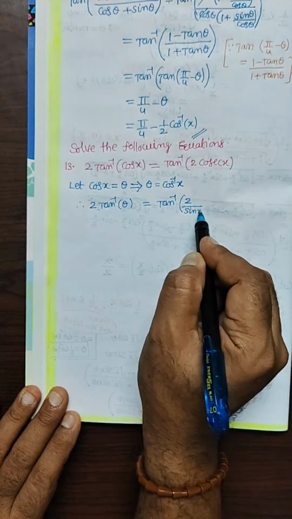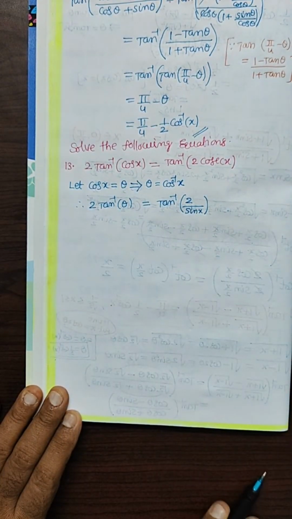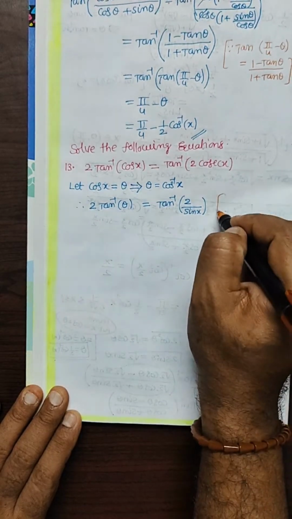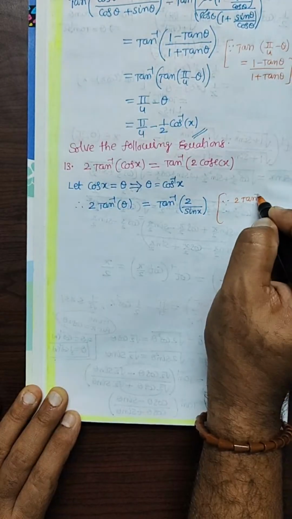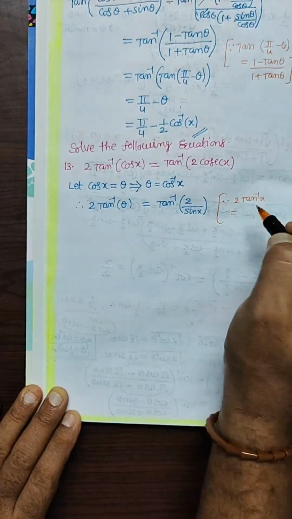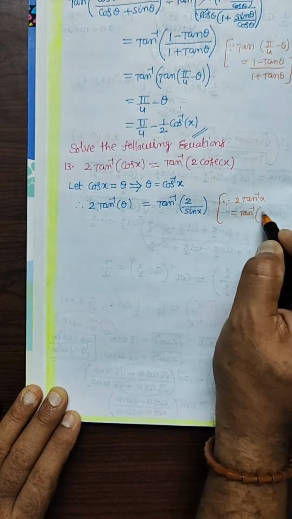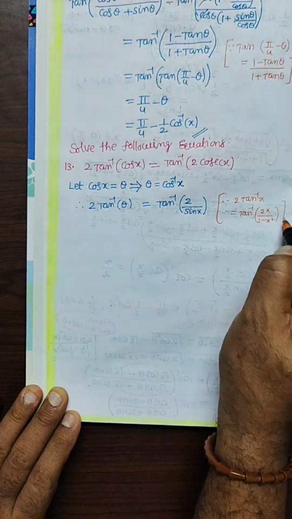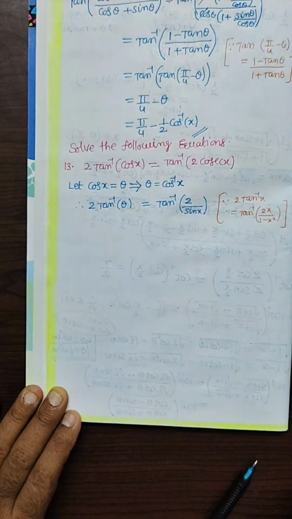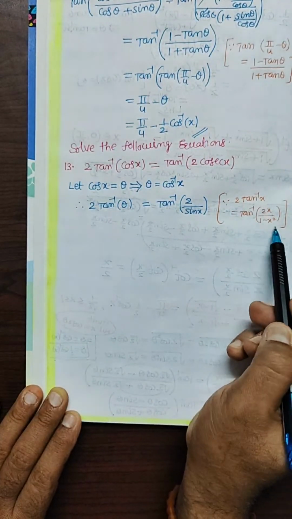Am I right, dear students? Keep it like this. We know the formula: 2 tan inverse x is equal to tan inverse of 2x by 1 minus x square. This is a very important formula and standard result, dear students.